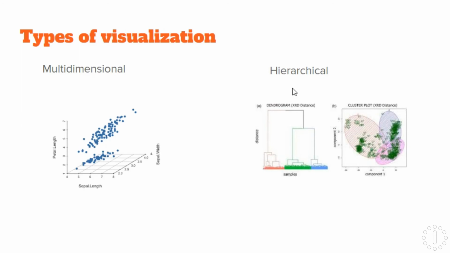The hierarchical part is mainly used for seeing the dependencies between the data. So when we have a bunch of different features, when we have more columns appearing and we want to know how these columns are organized, we are making some dendrograms or cluster plots.